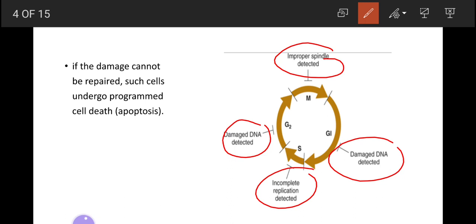If there is damage, the cell will try to repair it, and if the damage is repaired, it will enter into the next phase. But if the damage cannot be repaired, such cells undergo a programmed cell death called apoptosis.